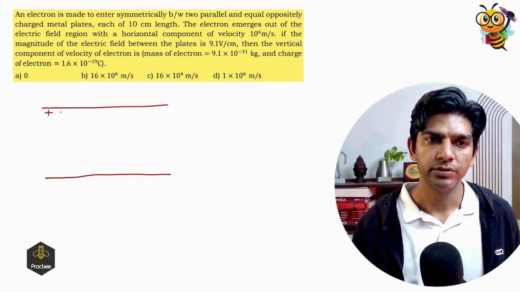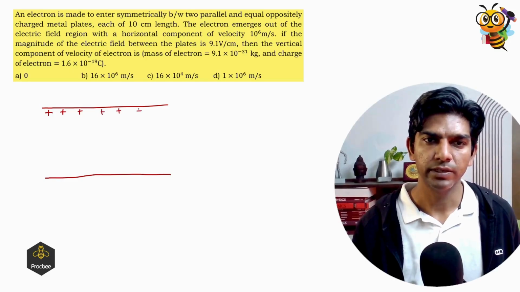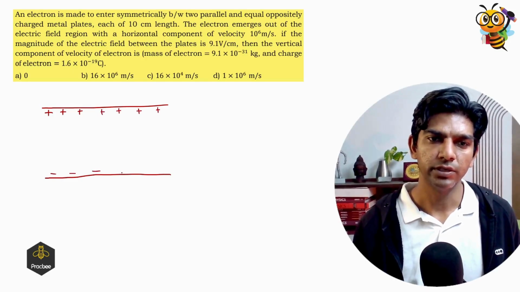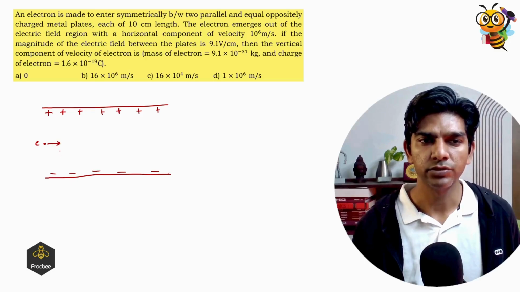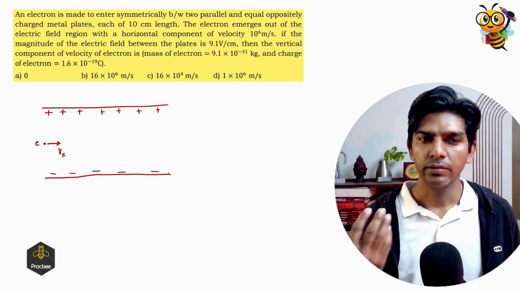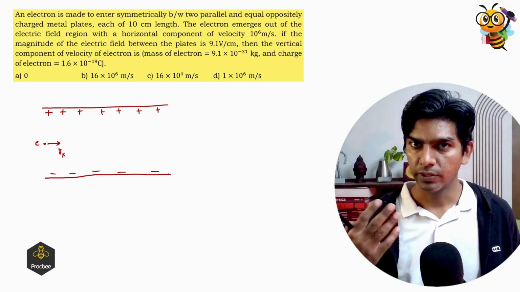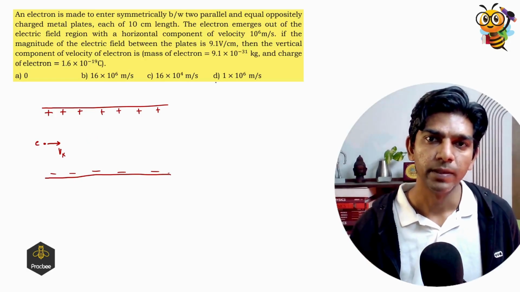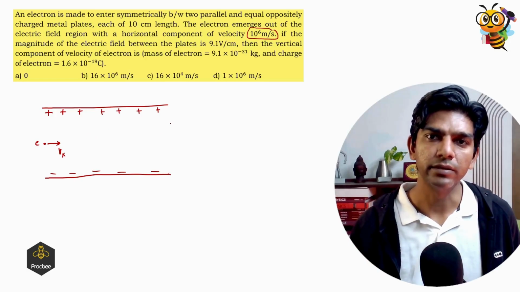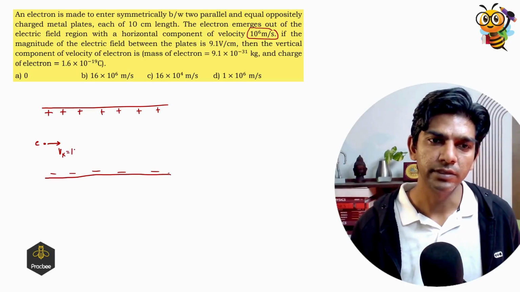Let us say this is a positively charged plate, and this is a negatively charged plate, and there is an electron which is entering symmetrically and it is having a certain velocity, right? Let us say this velocity is Vx, and since this electron will experience force only in the vertical direction, the horizontal component of velocity will not change, and we have given the horizontal component as 10 raised to 6, so this is nothing but 10 raised to 6 meters per second.